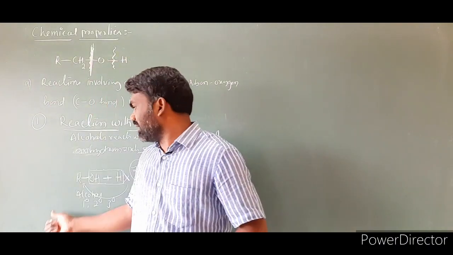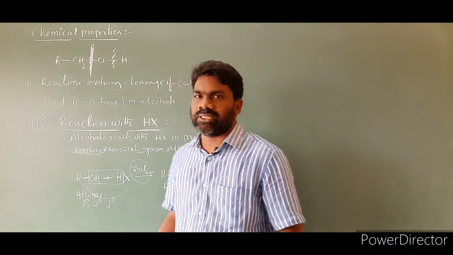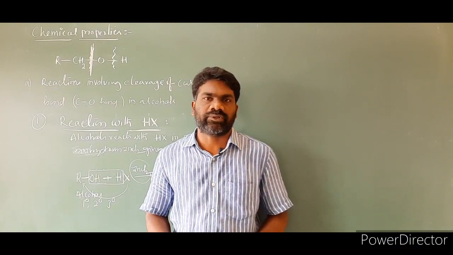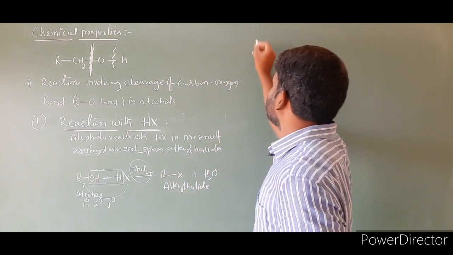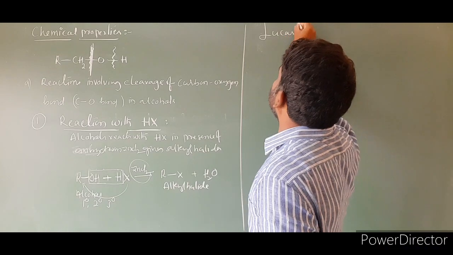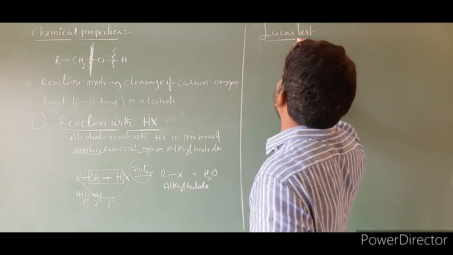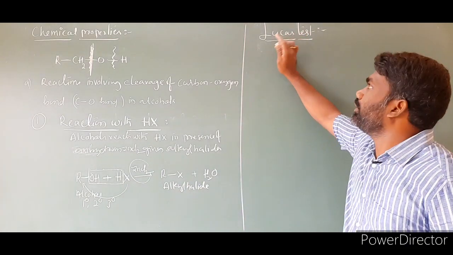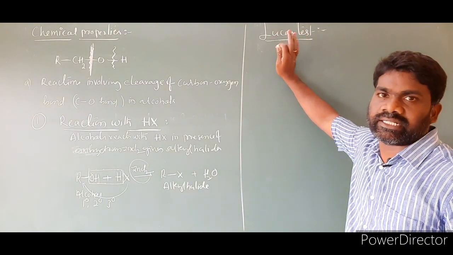To distinguish primary alcohols, secondary alcohols, and tertiary alcohols, we use the Lucas test. Now we will discuss the Lucas test. The Lucas test is used to distinguish primary, secondary, and tertiary alcohols.